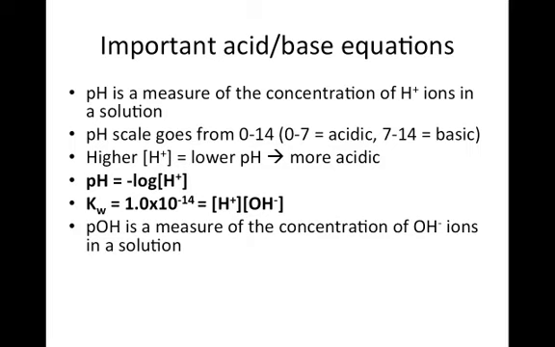Similarly to the way that pH is a measure of the H+ ions in a solution, pOH is a measure of the OH- ions in a solution. pOH equals negative log of the concentration of OH-. The pH plus the pOH of a solution always adds up to 14.